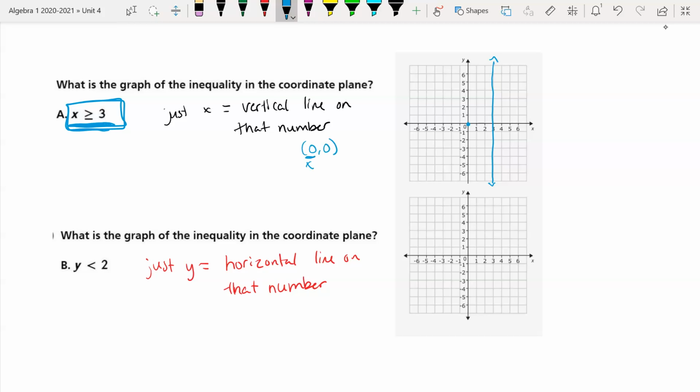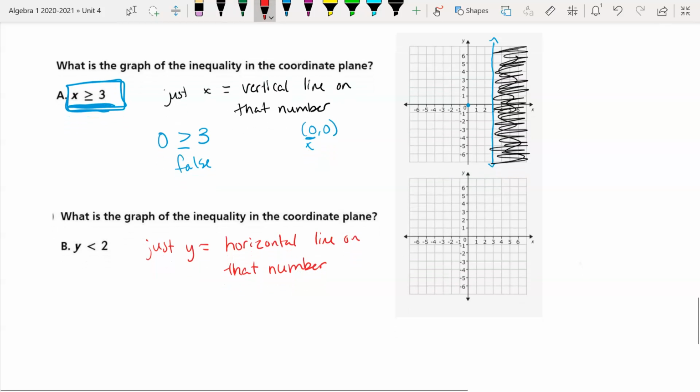I'm only going to plug in the x, right? Because there is no y. So ask yourself, is 0 greater than or equal to 3? Well, no, that's false. So I do not want to shade where that point is. Instead, I want to shade on the other side of the line, which would be here. And intuition tells me greater than or equal to, if you look at a number line, 4 is greater than 3, 5 is greater than 3, 6 is greater than 3, and so on.